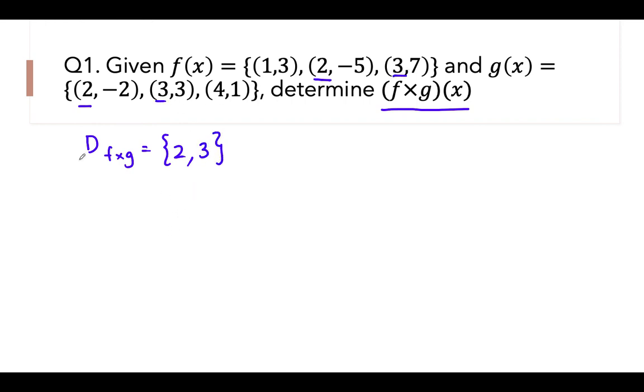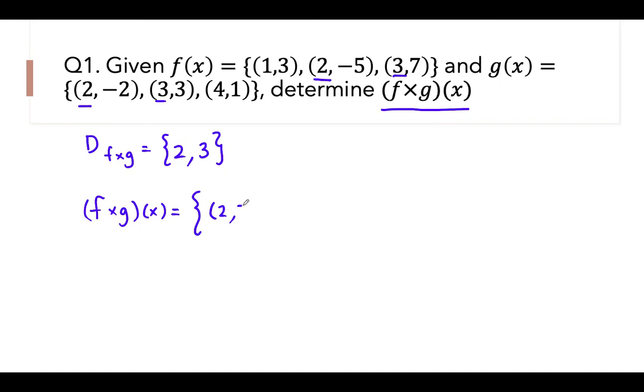Once you've figured out where they intersect, we can evaluate the y value. So (f times g)(x) is equal to, 2 stays the same, but for the y value we're going to multiply.